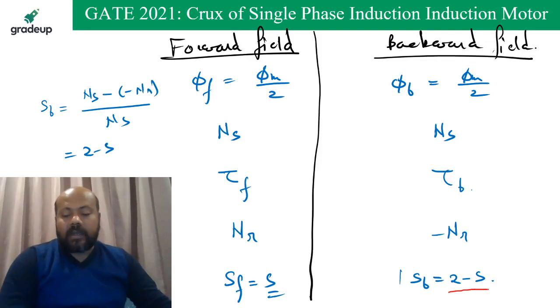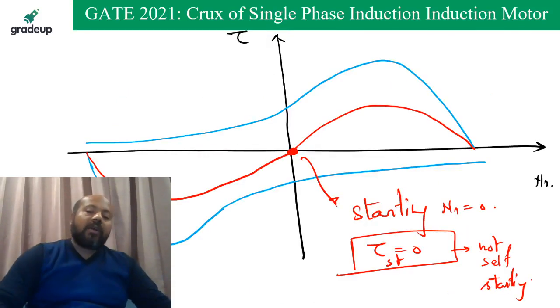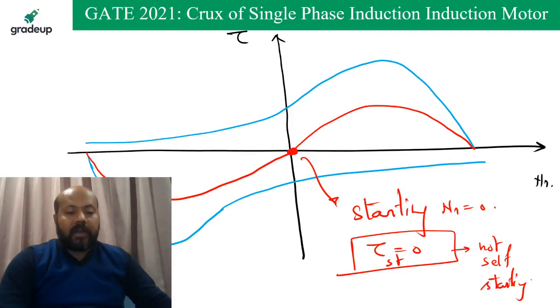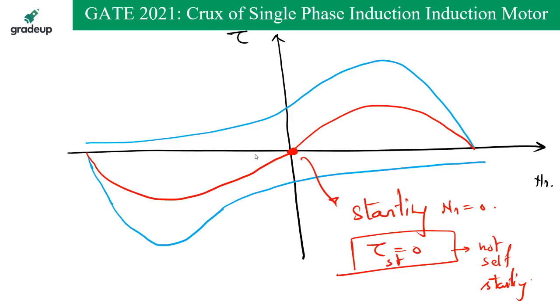Now, if you draw the torque and speed characteristic, let me just hide my image.